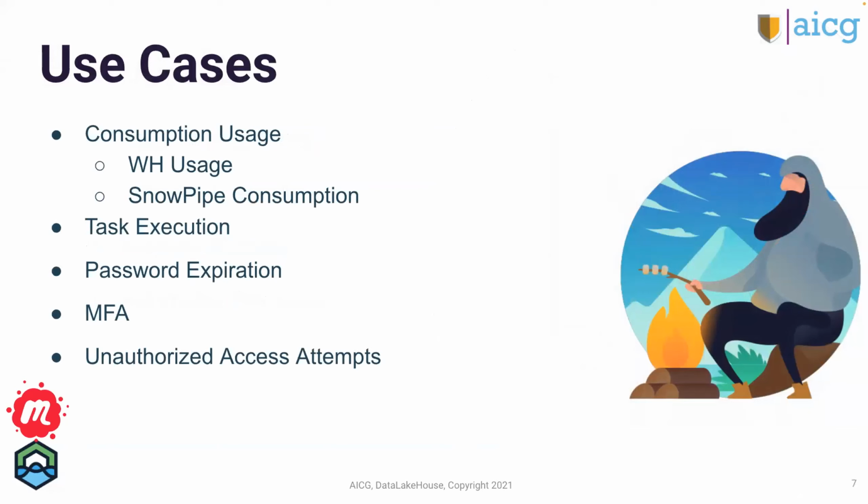Snowflake has its own mechanism called the Snow Alert mechanism, where they've given you the feature to raise certain forms of alerts. If you have any business logic or business rule, Snowflake has given you the feature to raise alerts when your business rules are applied.